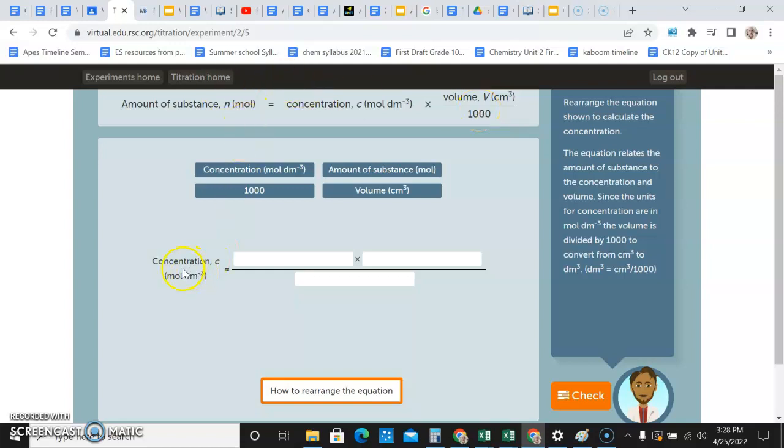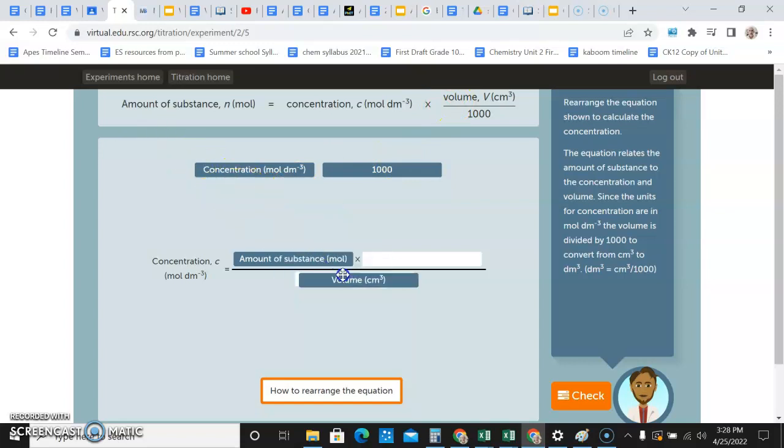And down here, what are they looking for? Concentration is equal to the amount of substance, they're just making us do the equation backwards, divided by the volume, because you're dividing across, and then multiplied by 1,000. I think I'm going to get it right. Yes, I'm going to be very upset if I'm not right.